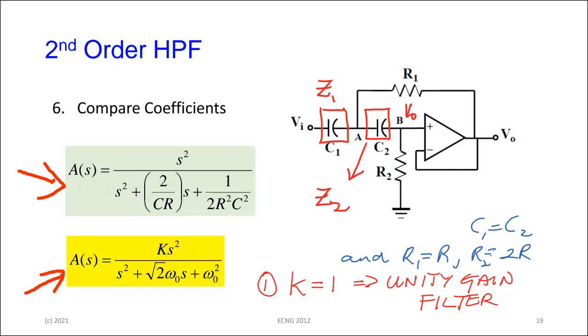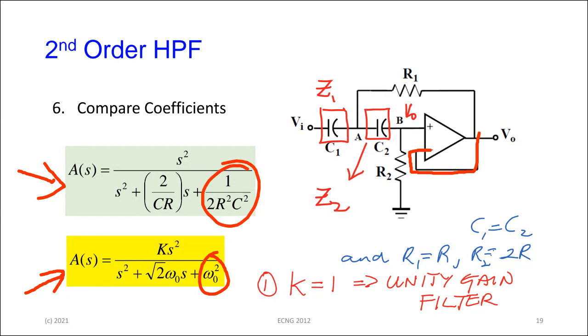If you compare it straight off, you can see that K is 1, and so therefore, it's a unity gain filter. You could see that because, of course, we have the op-amp operating as a voltage follower, so the gain must be 1, so at least that part is correct. Now, if we compare the coefficients, we can quickly see that omega 0 squared is 1 over 2 R squared C squared.